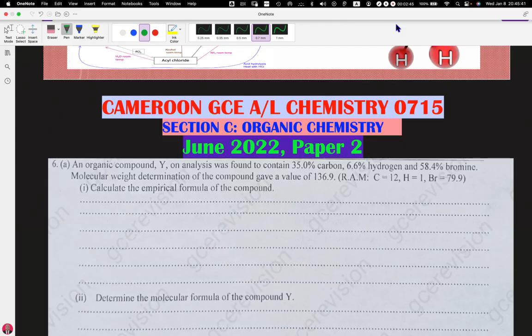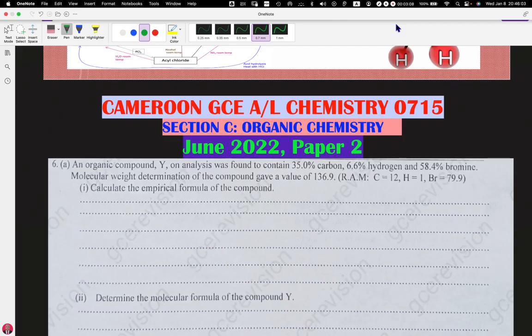To calculate the number of moles, we have the mass divided by the molar mass, because the molar mass of any compound is 1 mole of that compound. The mass all over the molar mass, or the given mass divided by the relative atomic mass.